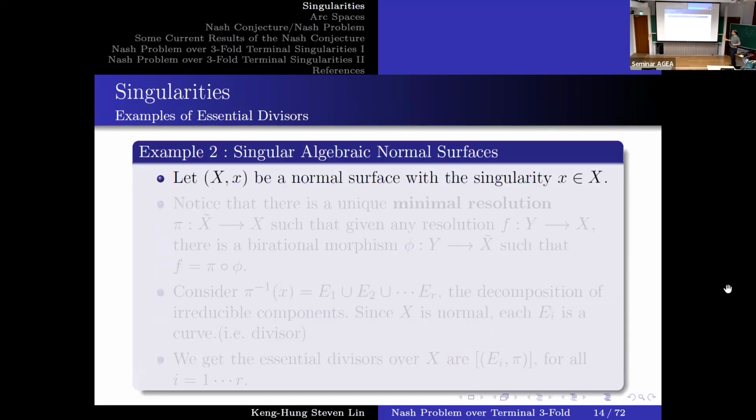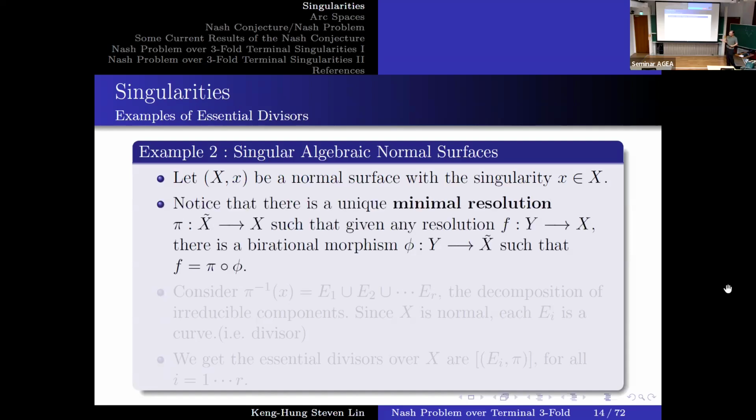Secondly, consider a singular algebraic normal surface, so that X is a normal surface with a singularity x. We know that for an algebraic surface, an arbitrary resolution can be uniquely factored through the so-called minimal resolution.